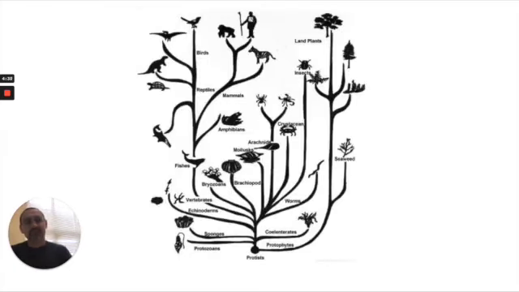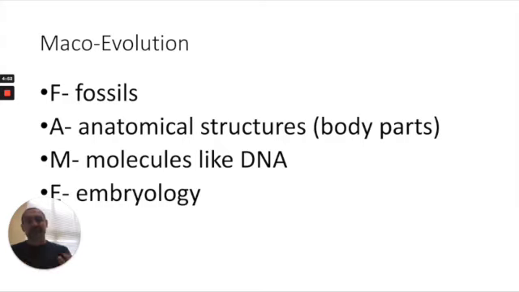So this is how macroevolution is depicted, starting at one small single-celled organism, branching out over time into the complex things that we see today. These are some of the major avenues that are used to support this theory of evolution, macroevolution.